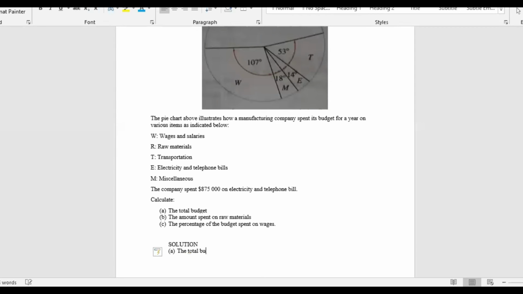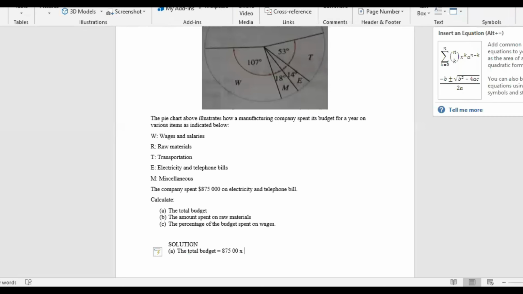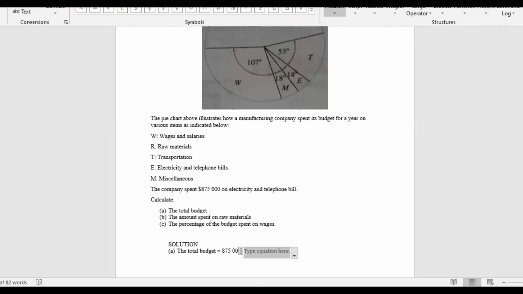the total budget will be 875,000, and that is multiplied by 360. Why? Because 360 is the entire circle. So it will be 360 divided by the 14 degrees. All right, remember we are doing the reverse of what we did just now.